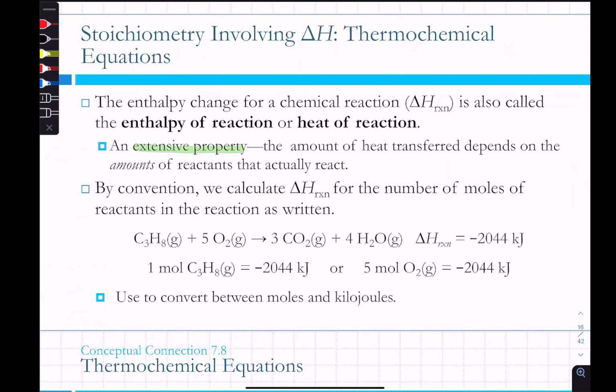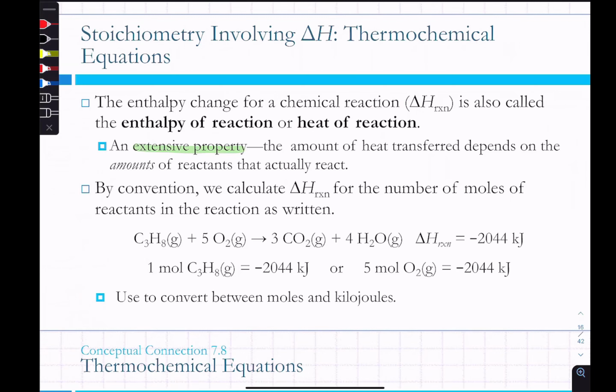For example, if we consider the following thermochemical equation, what's the heat associated with the reaction of 6 moles of A? Well, what's the heat associated with just 2 moles of A?